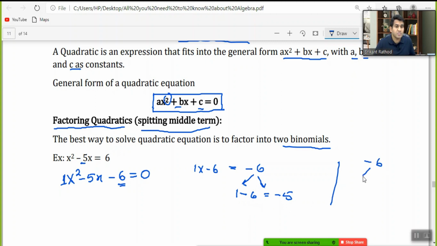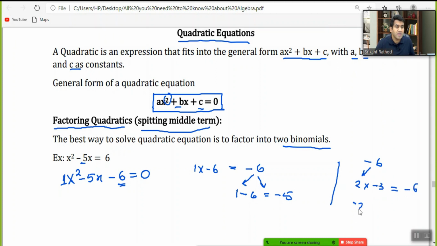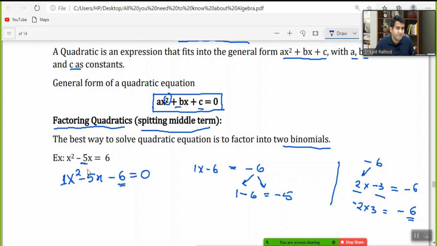Negative 6 can also be written as 2 times negative 3, that gives negative 6, or negative 2 times 3, that again gives negative 6. But when you add them, you are not getting the value of b, that is the coefficient of x. So that's why I won't be considering these.